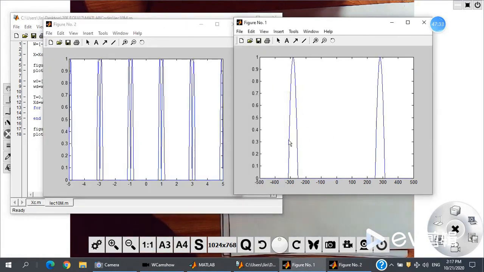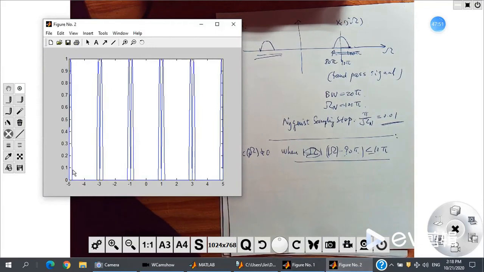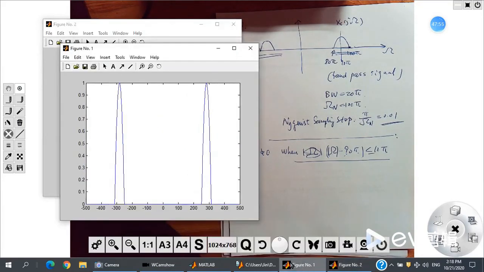You see, figure 1 is the graph of the original Fourier transform, the continuous time case, right? We have two peaks on both sides, as I show in the paper. I have two peaks, but here the scale is just 0 to 1. Not this, figure 1, this one, right?